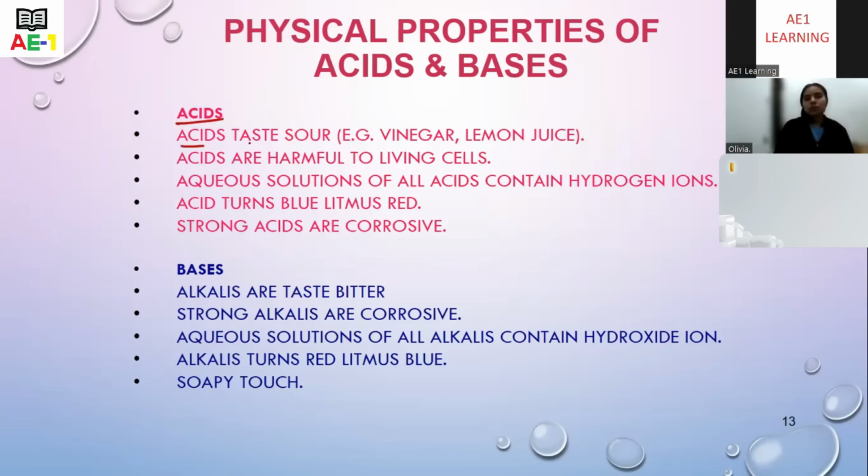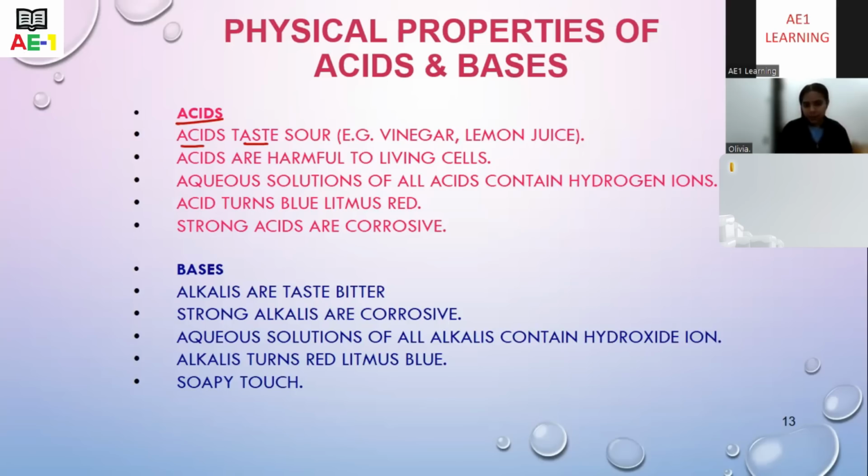If it's an edible product, for example lemon water and stuff like that, if you can eat that thing, then by the taste you can determine what it is, either acid or base. If you taste something from your house that is edible and it tastes sour to you, that definitely represents that it's an acid.